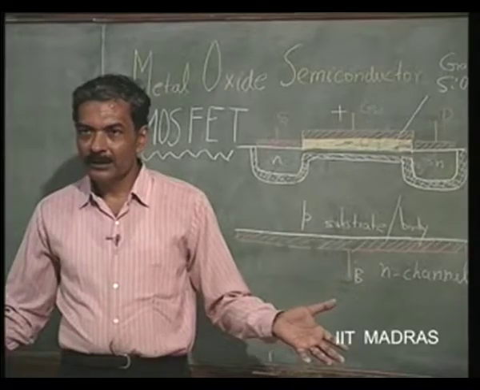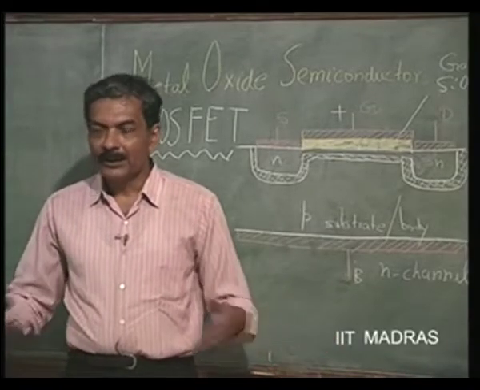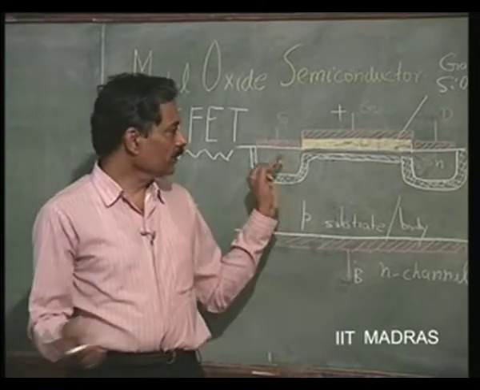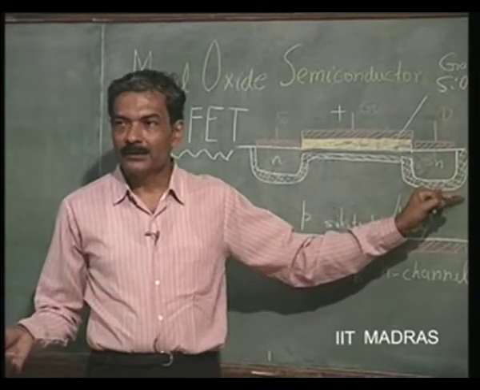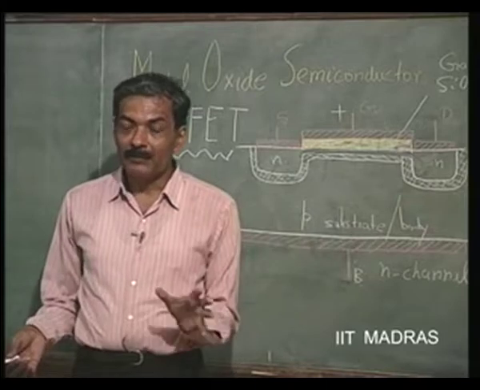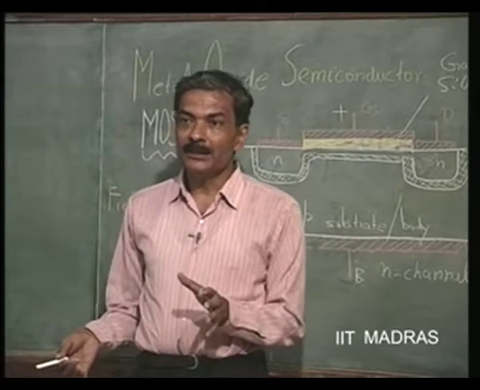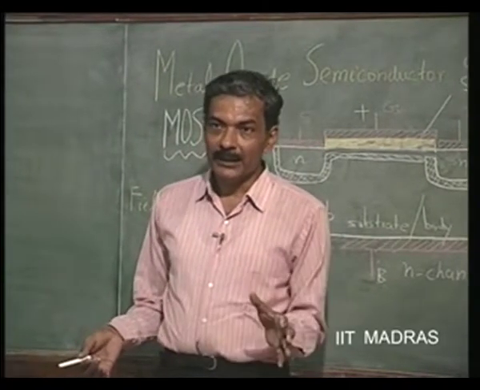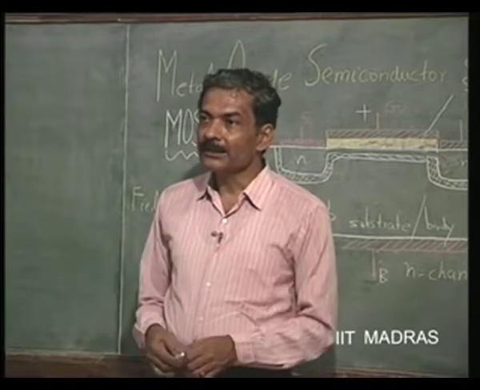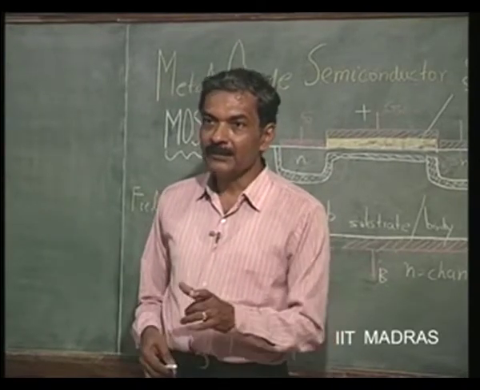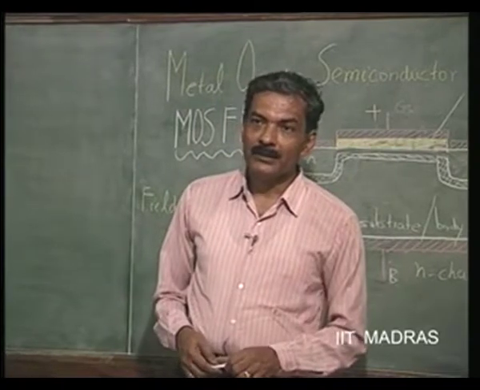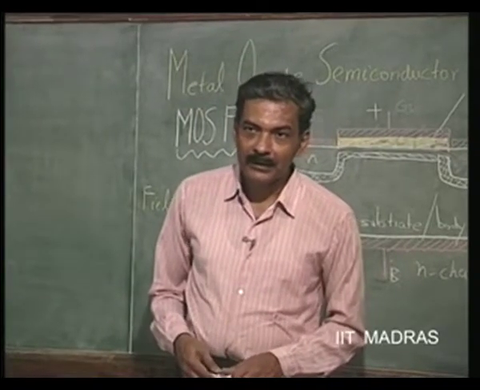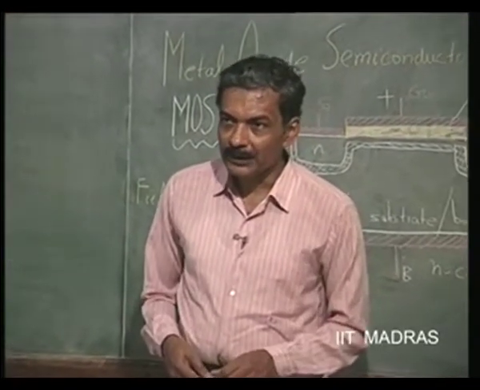When the gate voltage is 0, it is not conducting between source and drain. In order to make it conduct, we have to apply a voltage greater than the threshold voltage to the gate. Then we can make it conduct, and the conductivity can be controlled by suitably adjusting the gate to substrate voltage.